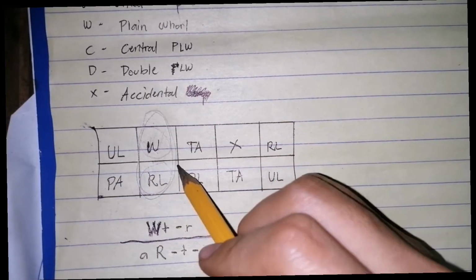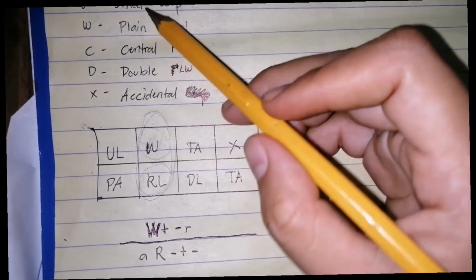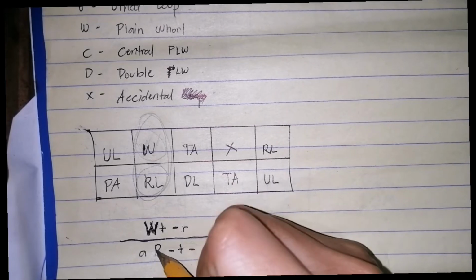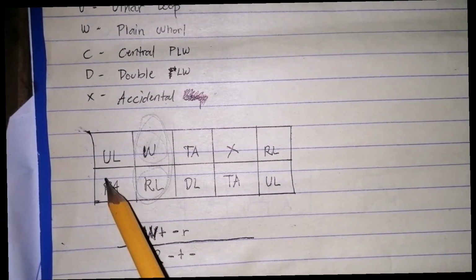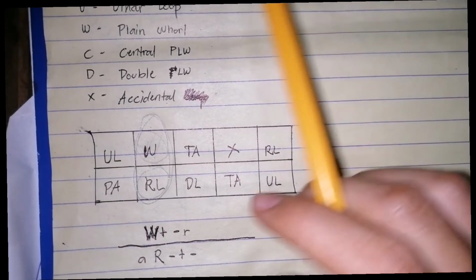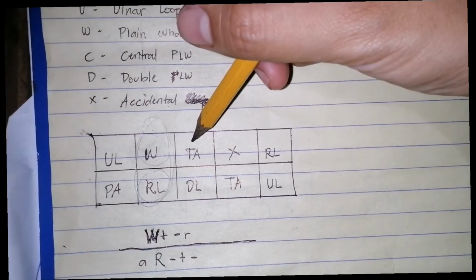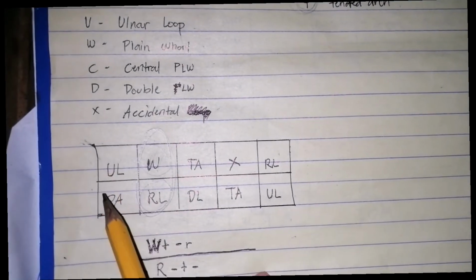The symbol of radial loop in the left index finger is R, so we will put the capital letter R in the denominator. Next, we will proceed to finding the small letters in the thumb, middle, ring, and little finger. We will start with the right hand.